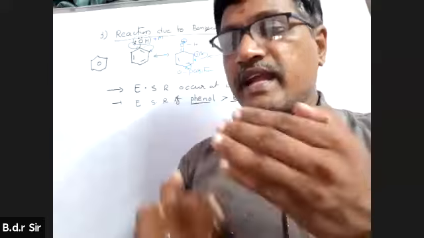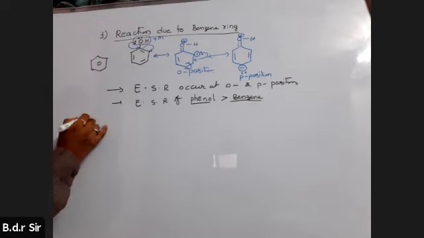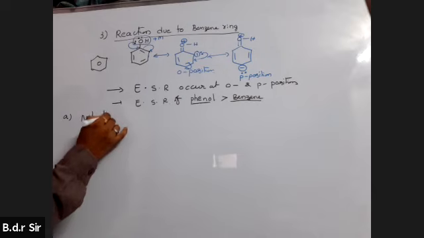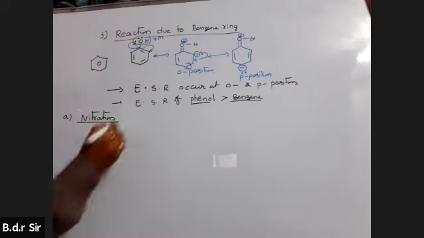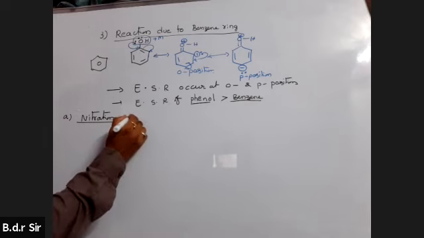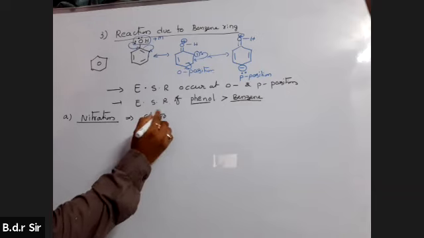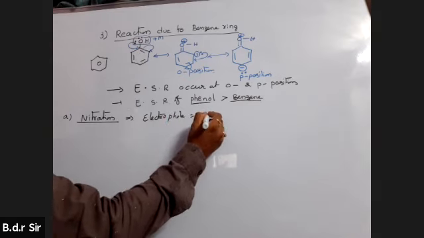Now we are taking the equations one by one. First one, as per your material, nitration. Actually here the electrophile is NO2 plus.